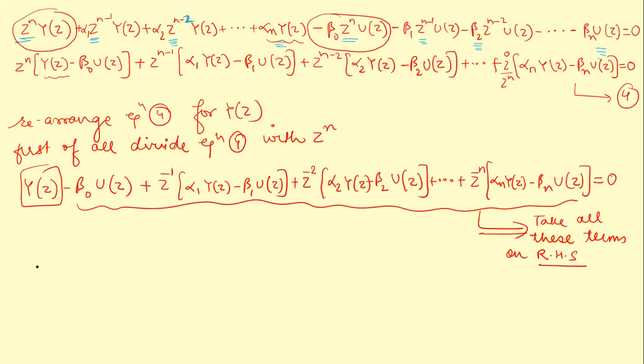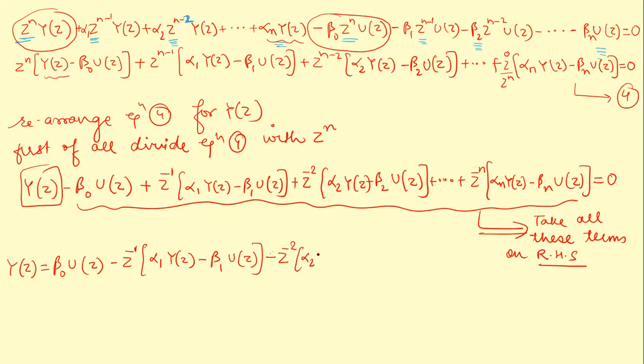So we have yz is equal to beta naught uz minus z inverse alpha 1 yz minus beta 1 uz, right? Then we have minus z raised to the power minus 2.